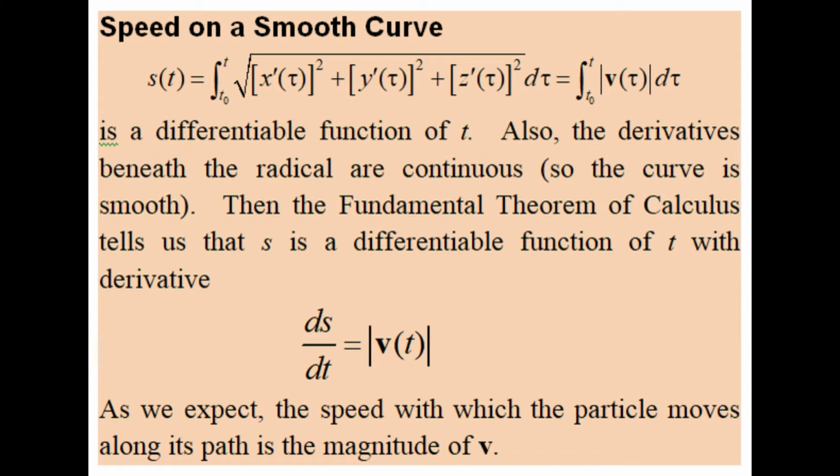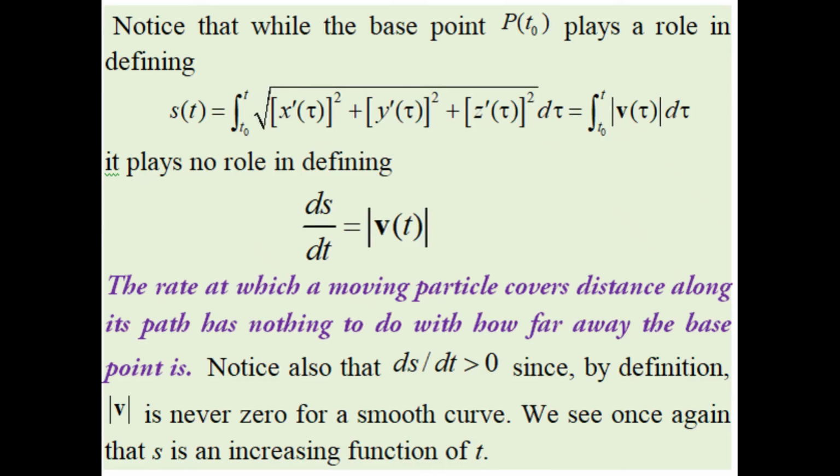Notice that while the base point P of t naught plays a role in defining the arc length parameter s of t, equal to integral t naught to t of square root of x prime of tau square plus y prime of tau square plus z prime of tau square d tau, which also equals integral t naught to t of absolute value of v of tau d tau, the base point plays no role in defining ds by dt equal to absolute value of v of t.